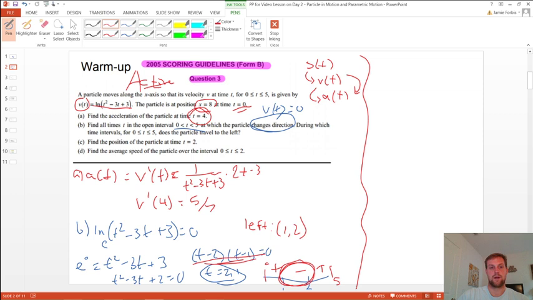Let's try the position function. Find the position of the particle at time equals 2. Position is working backwards from velocity to position. If I'm given the velocity and want to work backwards, that's going to be the integral.